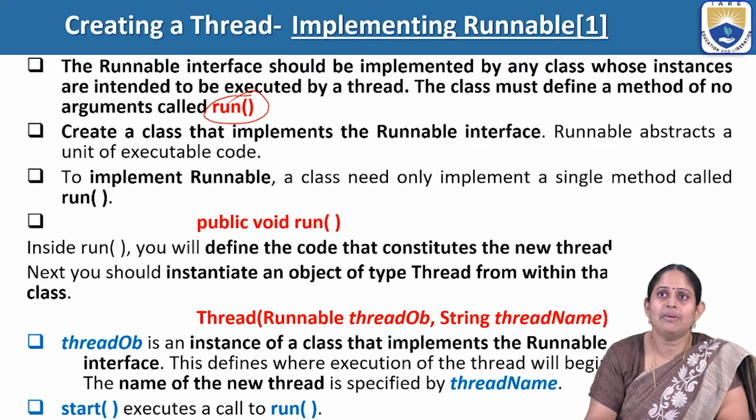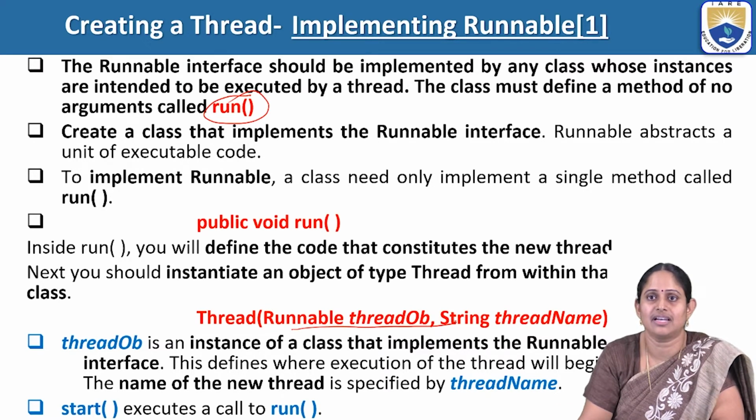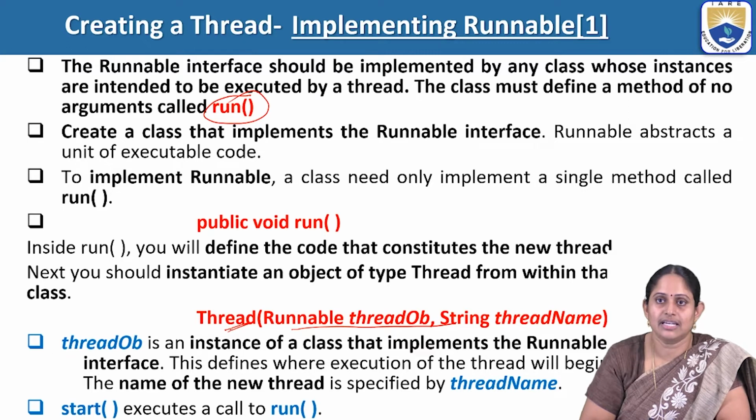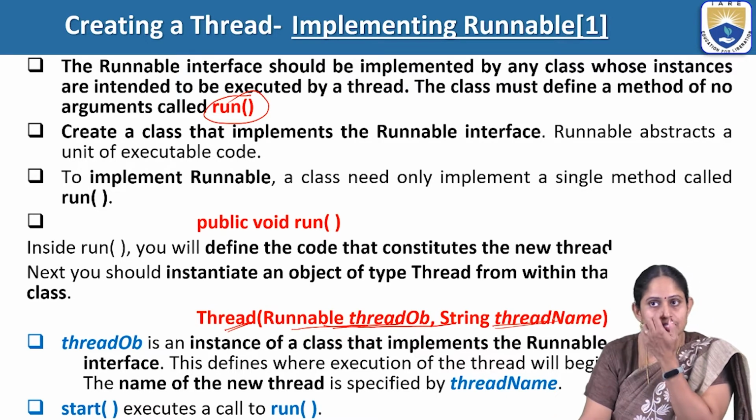If we are implementing it using the Runnable interface, then we have to create an object of the Thread class by passing a Runnable type object, and we have to specify the thread name.